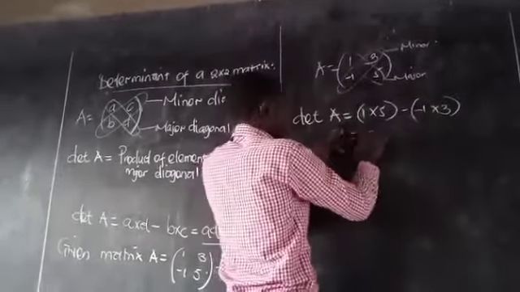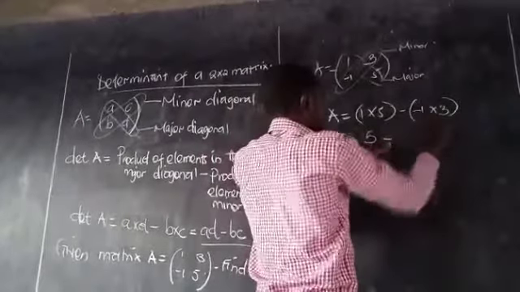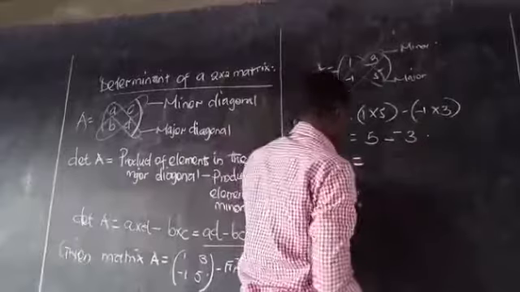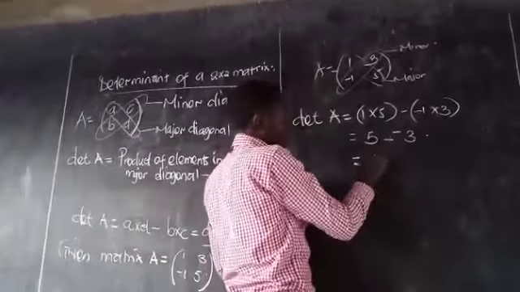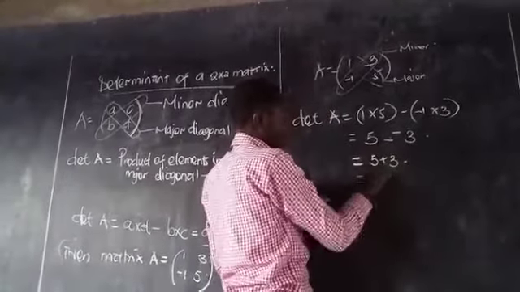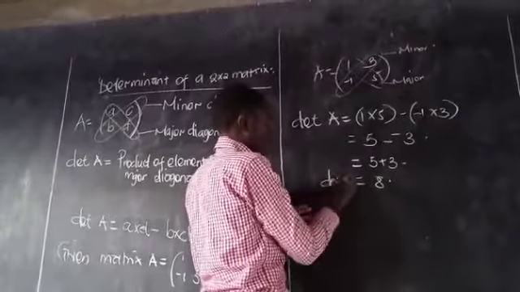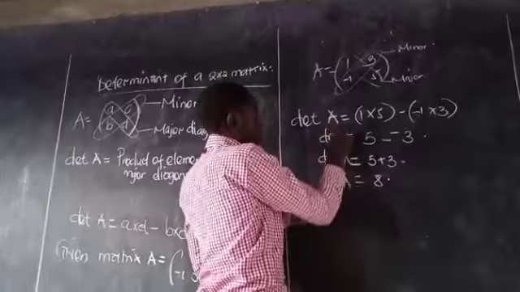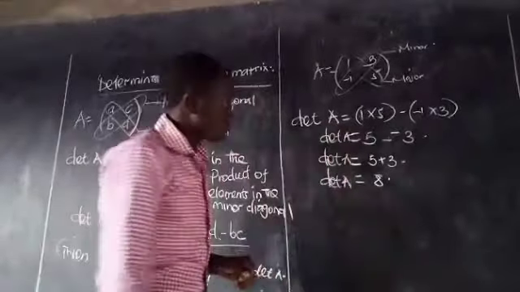This simply gives you 5 minus negative 3, and the minus simply gives you a plus, which gives you 5 plus 3, which is equal to 8. Therefore, determinant of A is equal to 8. That is all.